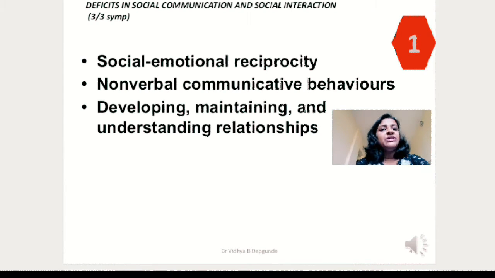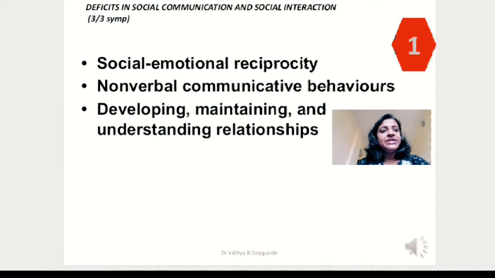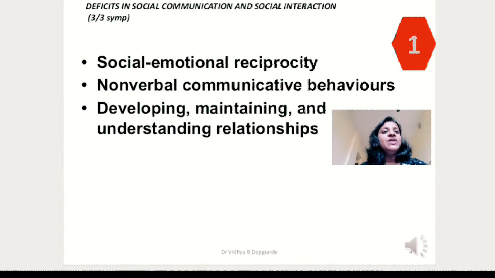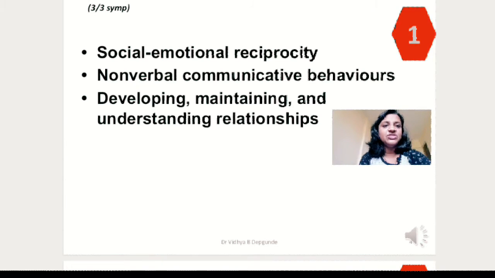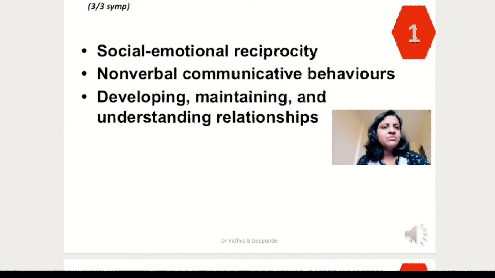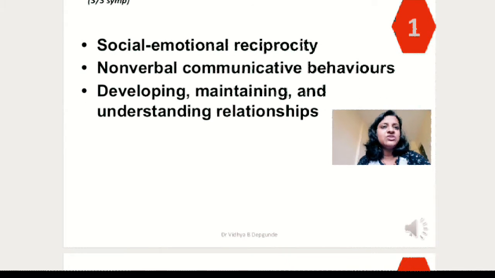In the second point, we are talking about non-verbal communicative behavior, where a child fails to understand the non-verbal aspect of somebody's conversation. He will not understand why it is important to look into the eyes or give eye contact to a person while talking. He will not give eye contact. He will not be interested in the other person's body language. He will not try to predict what the person's body language might mean to him in that situation.